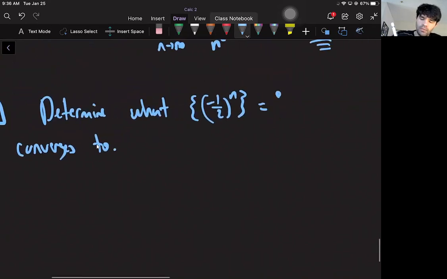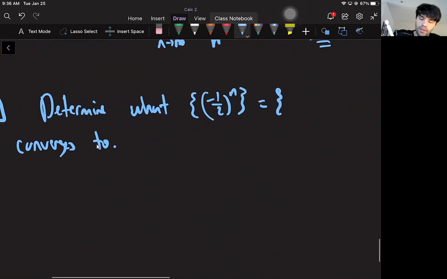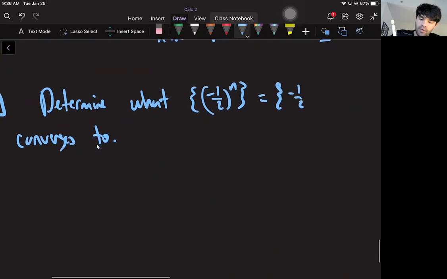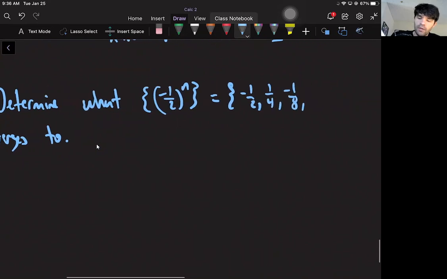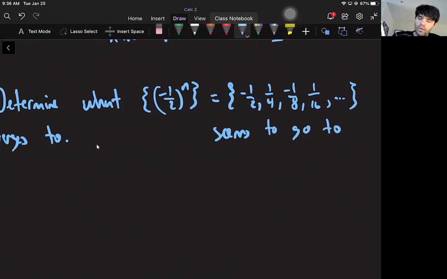So if I just sort of start plugging in numbers, so I plug in 1, I get a -1/2. I plug in 2, I get +1/4. Then I get -1/8 when I plug in 3, and then it just keeps switching back and forth, and the bottom keeps growing. So it seems to go to 0 because it's just jumping back and forth.